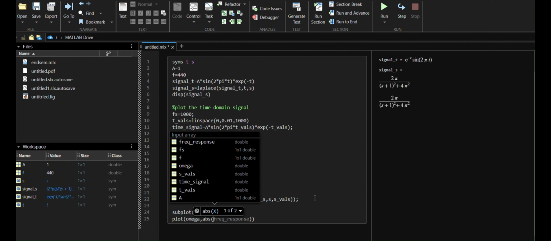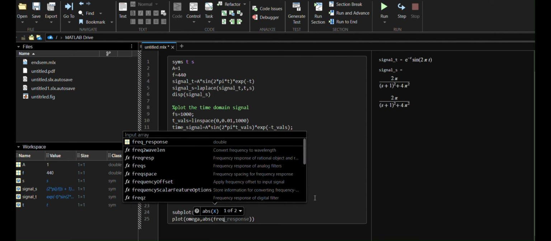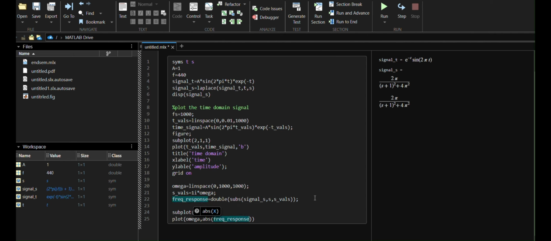Absolute means it indicates only integer values or whole values. Frequency response, denoted as red. Red indicates a color, while previously we used b, which indicates a blue color. In this case we use red.